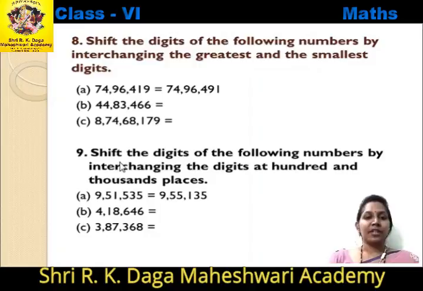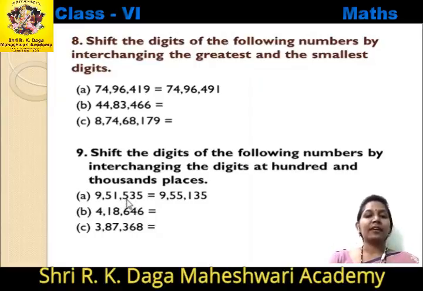Now in question number 9, shift the digits of the following numbers by interchanging the digits at hundreds and thousands place. In this question, you have to form a new number by shifting the digits at 100 and 1000 place. That is, you have to interchange the place of digits which comes at hundreds place and thousands place. Now in this question, the number is 9,51,535.